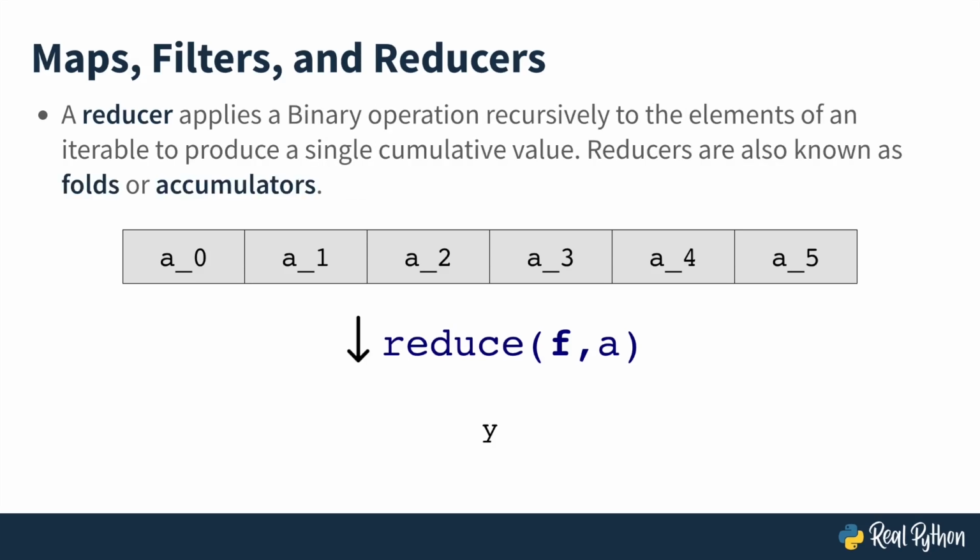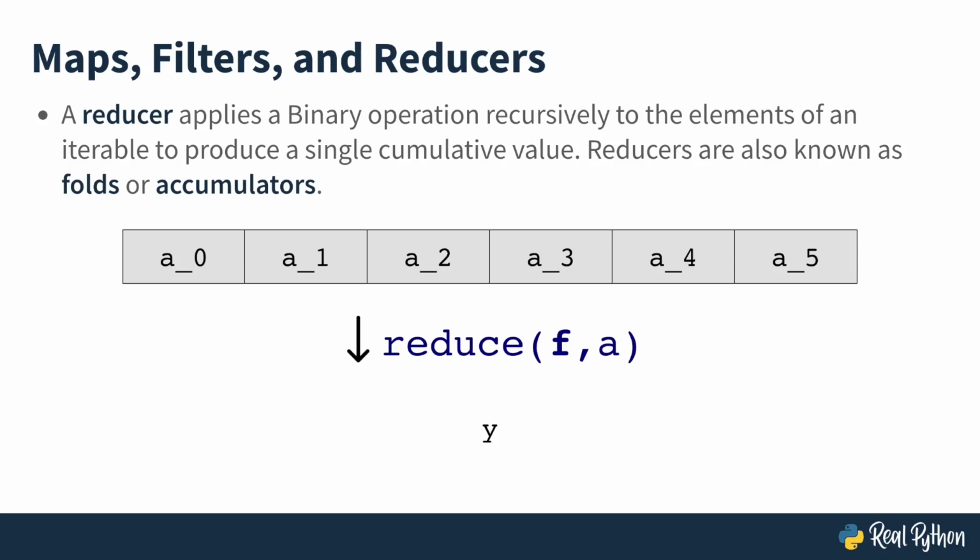The last key operation that we'll take a look at in functional programming is a reducer, or sometimes called a fold or an accumulator. A reducer applies a binary operator, so an operator that takes two arguments, and this operator is applied recursively to the elements of the original iterable to produce a single cumulative value.